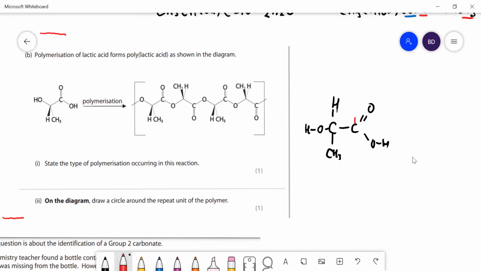Look, that's carbon atom number 1, number 2, number 3. And that is going to polymerize with the next one here. So the alcohol groups and the carboxylic acid groups are going to polymerize to form an ester linkage. So we're going to lose a water molecule there. So it's a condensation polymerization.